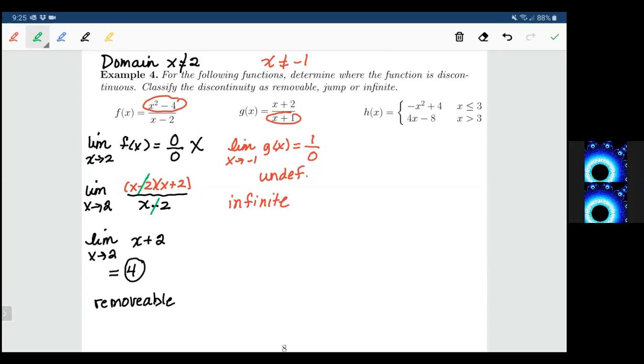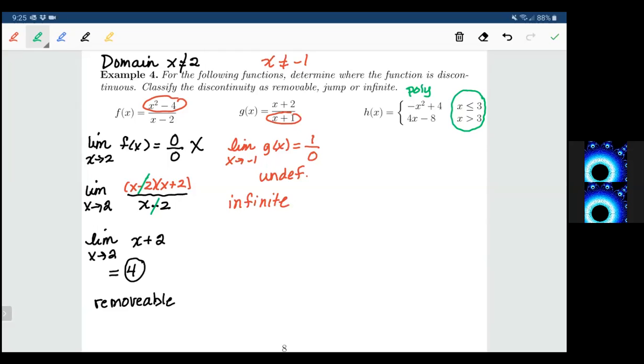In h of x, what we have is a piecewise function. The piecewise functions are made up of polynomials. We know that these are continuous for every value in their domain, and that the domain is all real numbers. Now, each branch is determined, though, by their separate domains. And the breaking point of their domains happens at x equals 3.